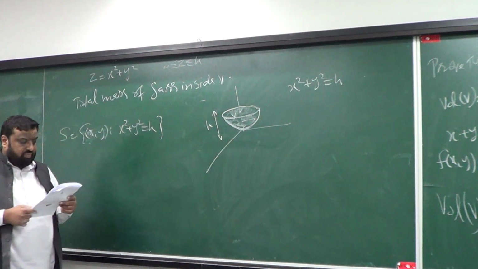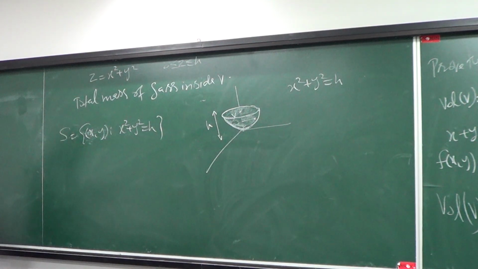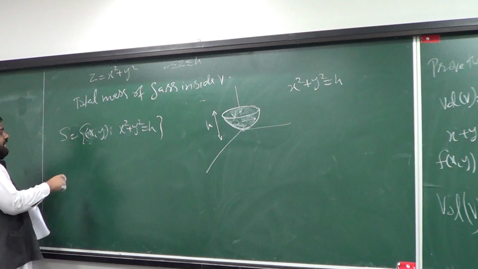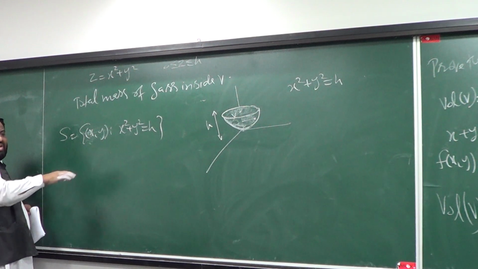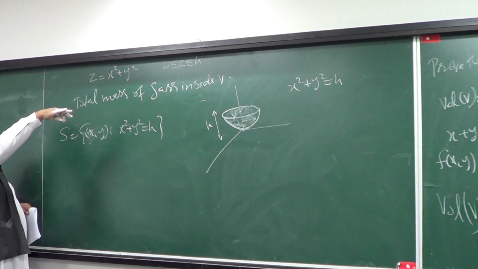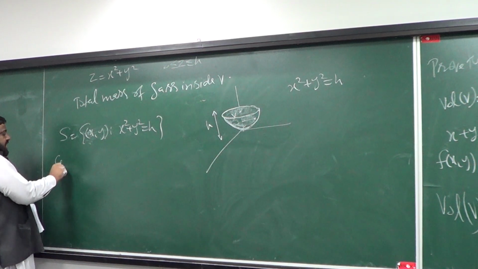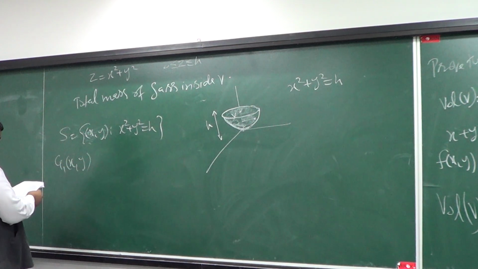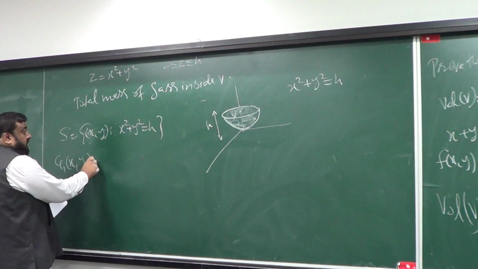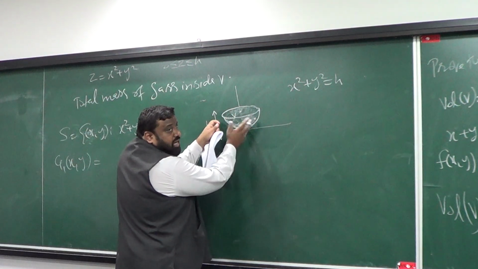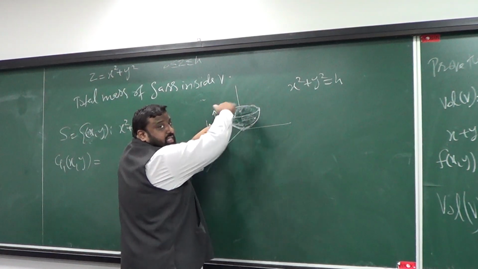What are the boundaries of this Fubini type region? So the one is this disk, and the other is this top actually. The phi 1 of xy is the curvy path, and the other is just the top.